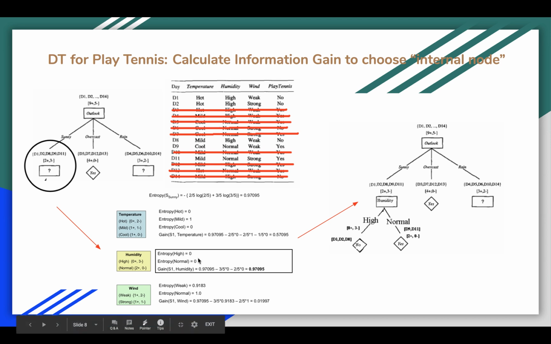The entropy is equal to 0. The entropy of normal is equal to 0 also, because we have 2 normal training examples, but they all predict yes. So for the information gain, we also use the formula like I mentioned before, the ratio times 0, plus the ratio times 0. So the result is 0.97095, right?